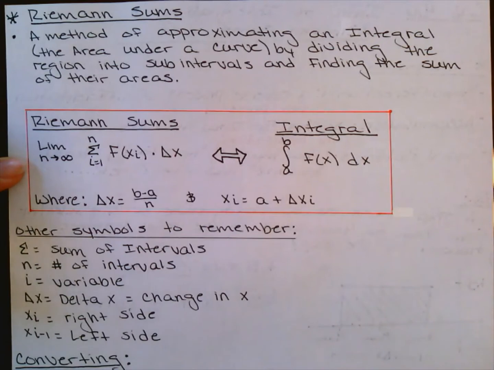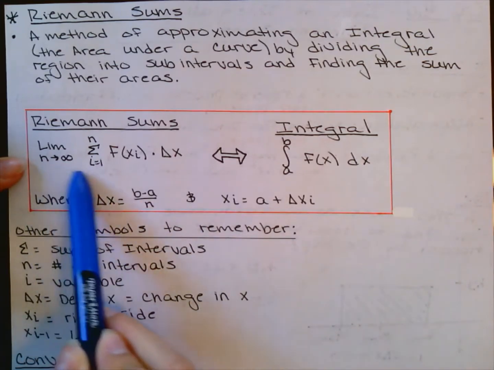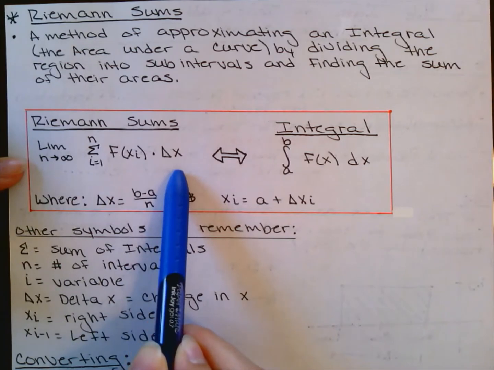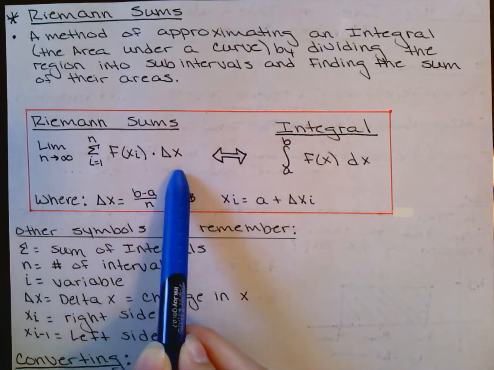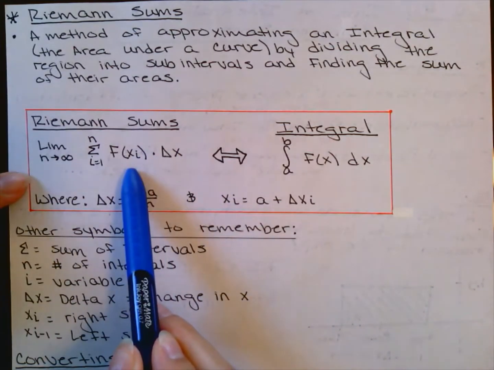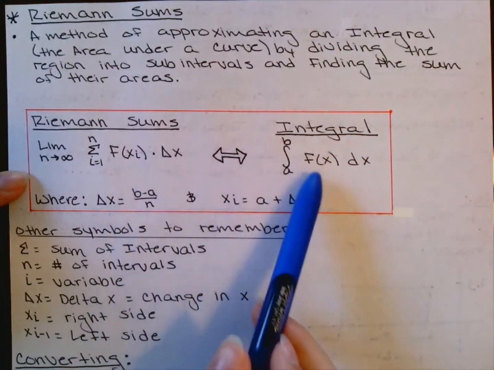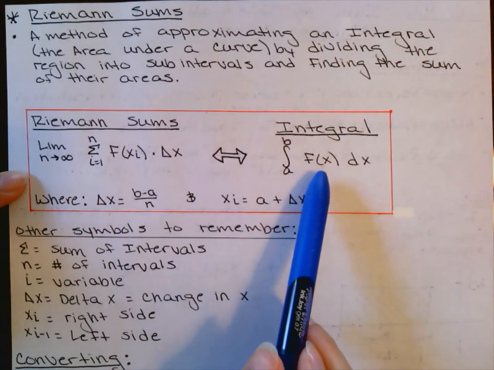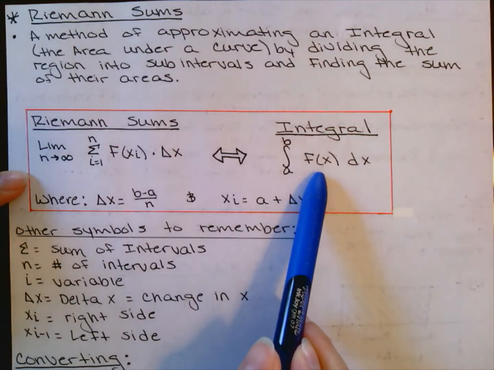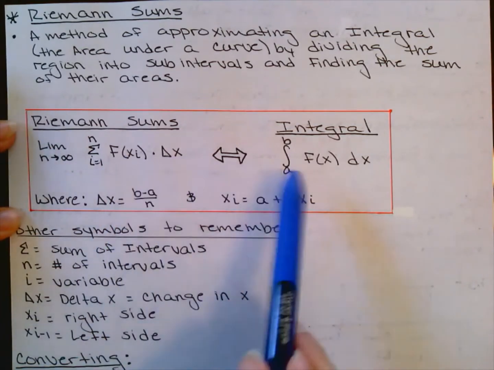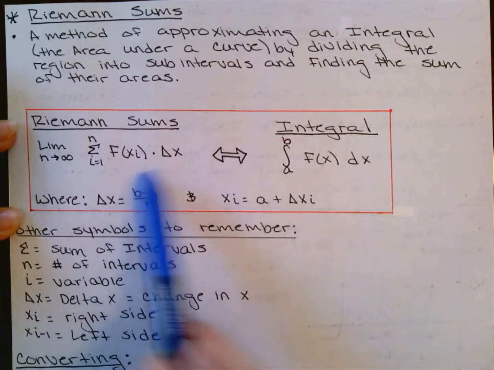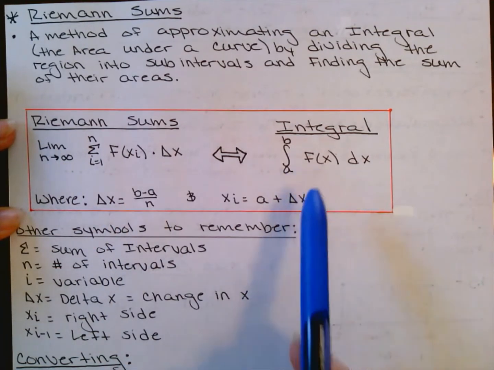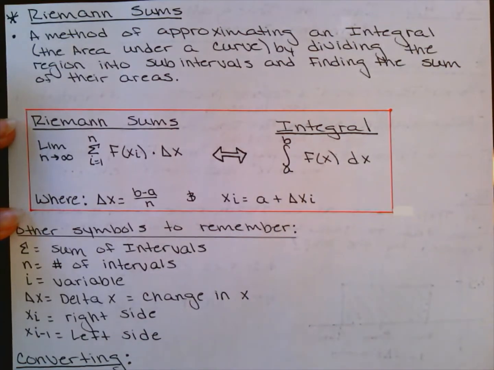Okay? Good news is, guys, in the AP test, they do not make you solve using the limit definition for either derivatives or integrals. But what they do make you do is recognize the limit definition, convert it to the integral, and then use our rules and our shortcuts. Okay? So right now what I'm going to show you is both of these notations and how to convert so that you can solve the shorter way on an AP test.